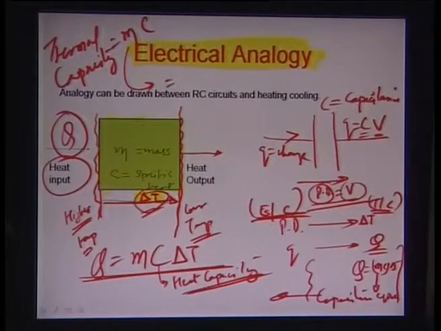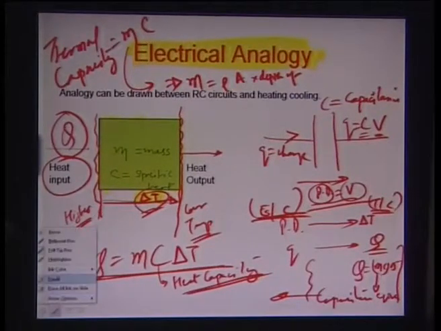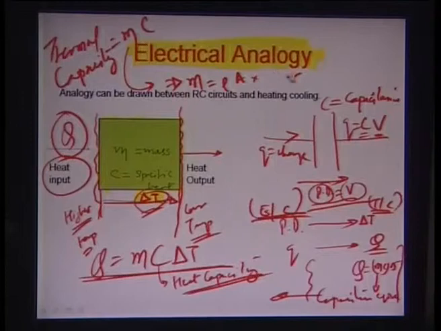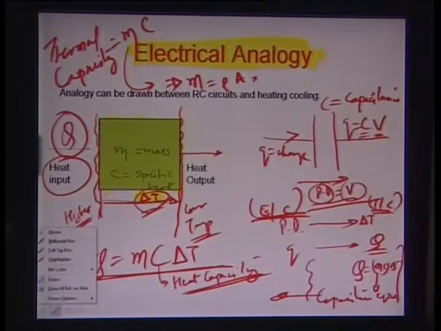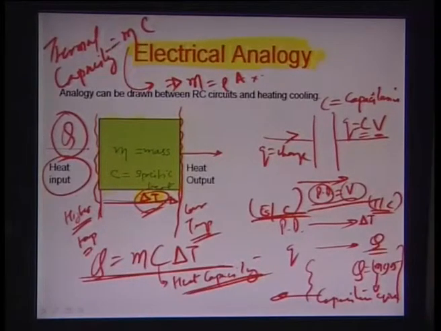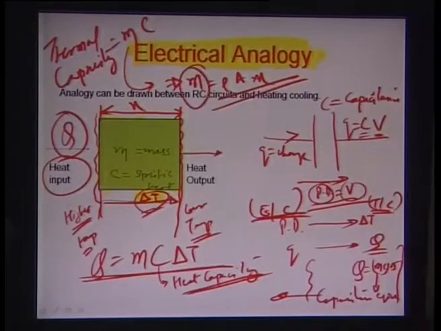To explore further, mass can also be written as the density times the area times the length, and assuming that this length here is x, it's area times x, that is what the mass is.